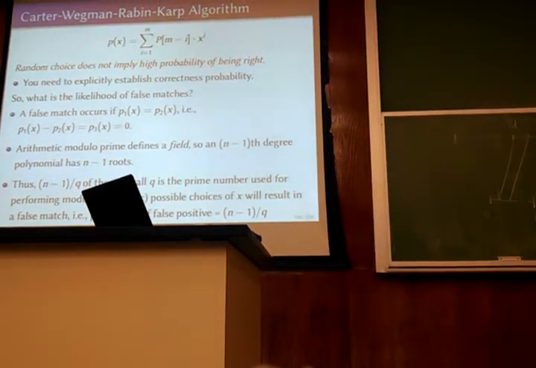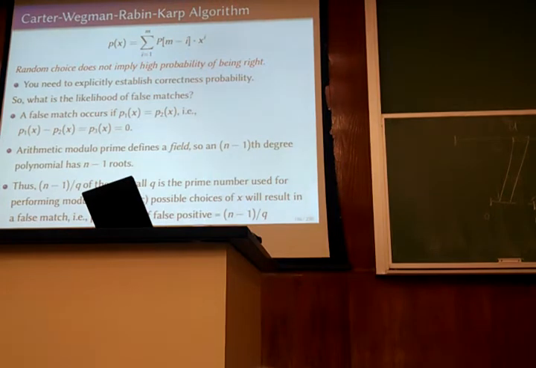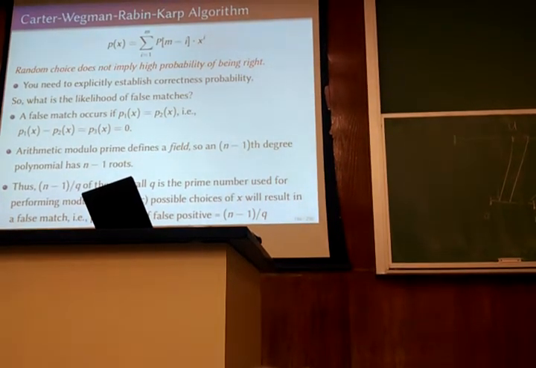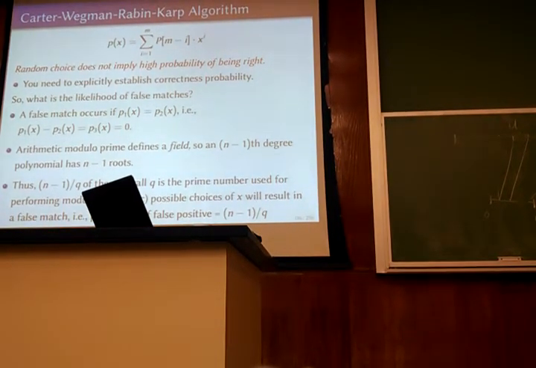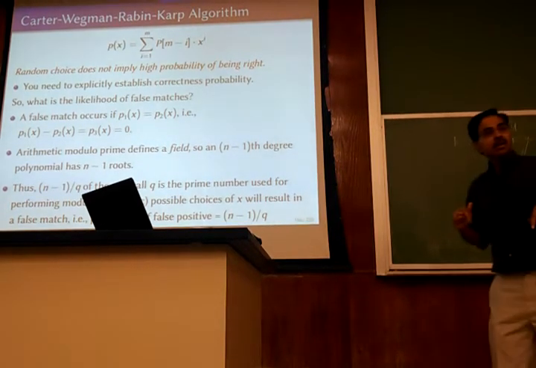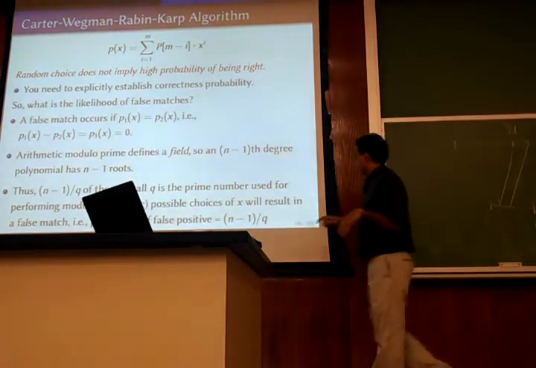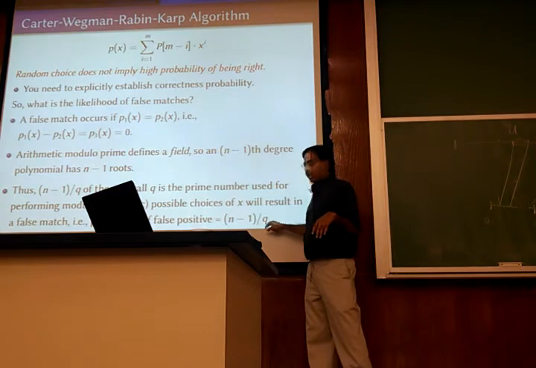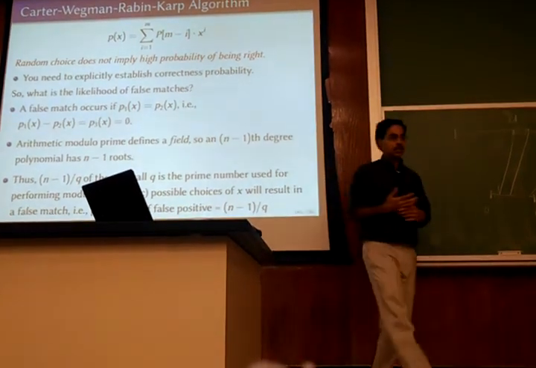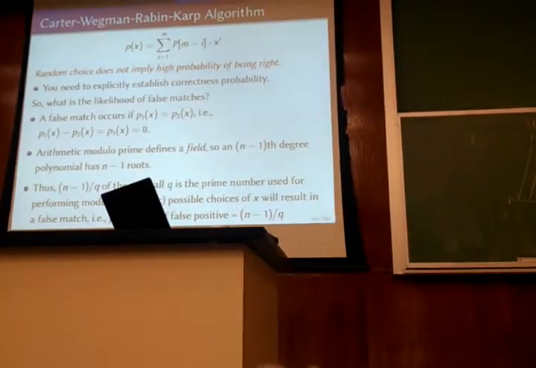Your only limit with q is that it should fit within your word size, because you're going to do arithmetic and you don't want overflows to happen even before you get to q. So q should be smaller than your word size, but q can still be very large compared to n, and so this probability of a false match is extremely small.